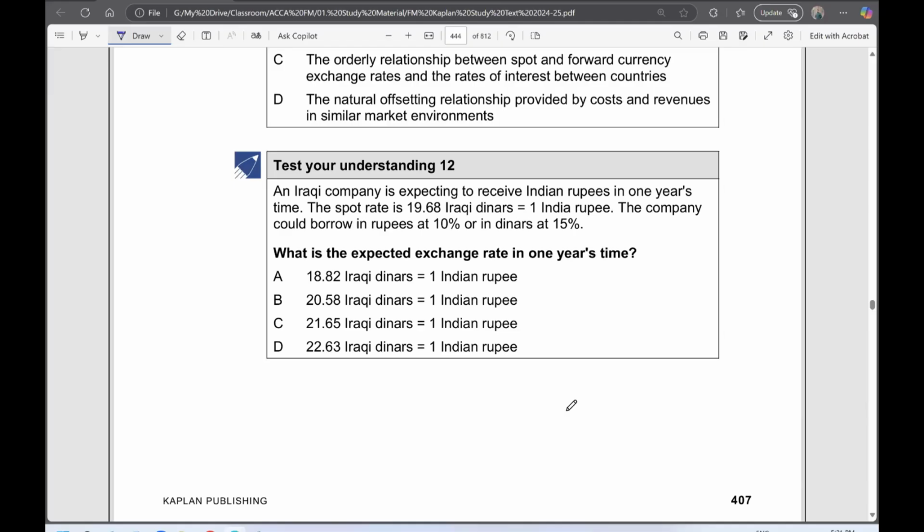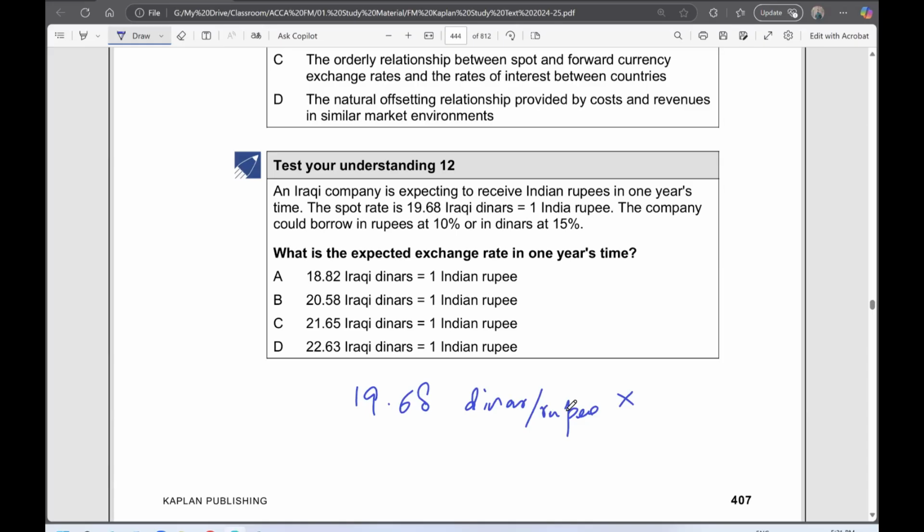Using the interest rate parity you can find it. The spot rate is given here, which is 19.68 Iraqi dinar over rupee. So the dinar is on the top, keep in mind. The formula is 1 plus i of the first currency, which is the dinar, in Iraq.